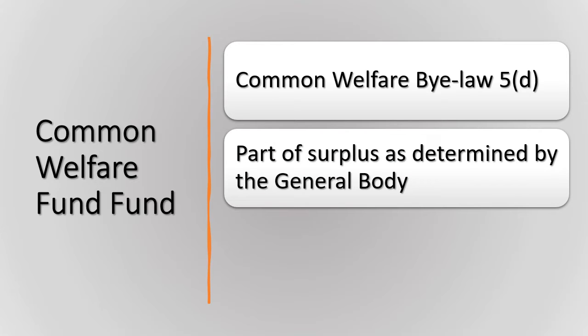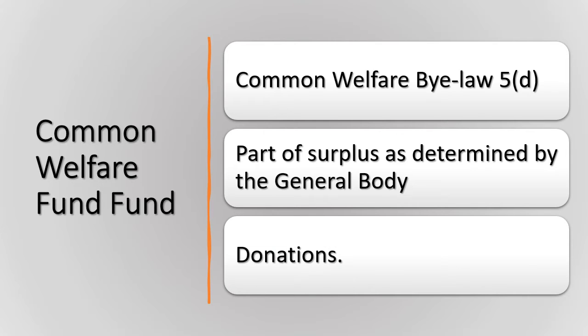A part of the surplus every year, as determined by the general body, will be provided for this fund. Also, any donations that are received from any donor for any welfare purposes will also be deposited in this Common Welfare Fund.